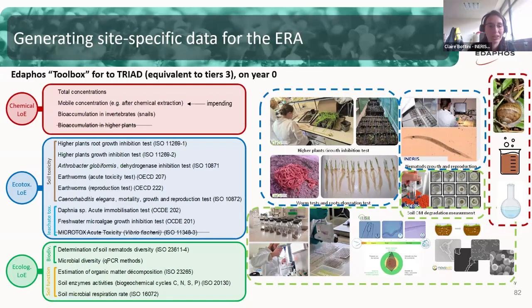For the ecological line of evidence, we had measurements indicative of soil biodiversity, such as nematode diversity or microbial diversity, and we also quantified several enzymes and organic matter decomposition to measure soil functioning.